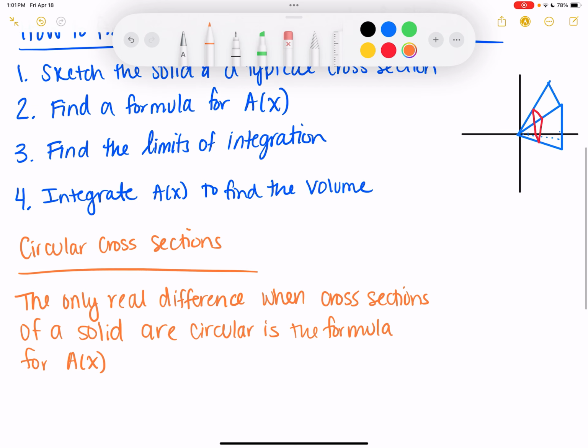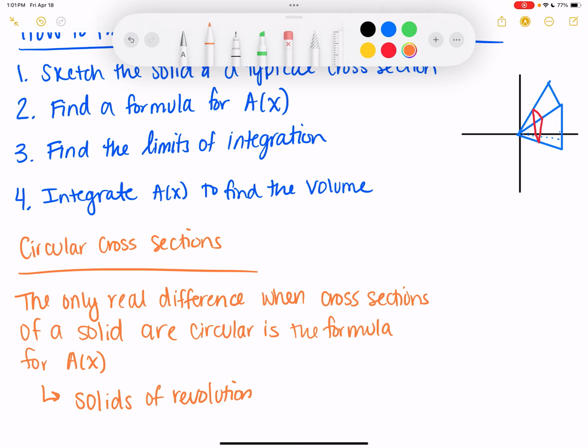Which I feel like is pretty self-explanatory, but nonetheless. And we're going to ultimately end up looking at solids of revolution, and this will play into that as well.